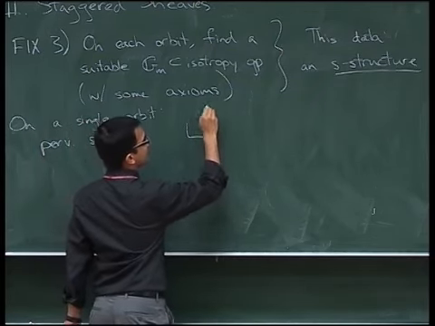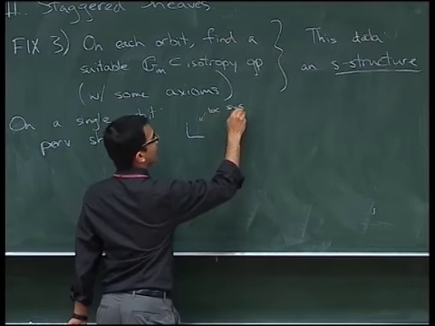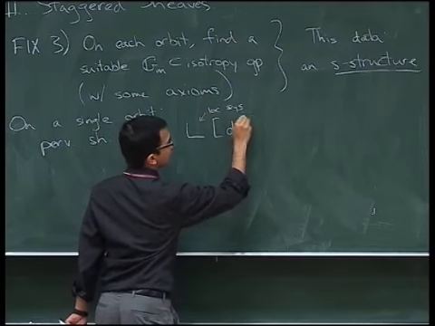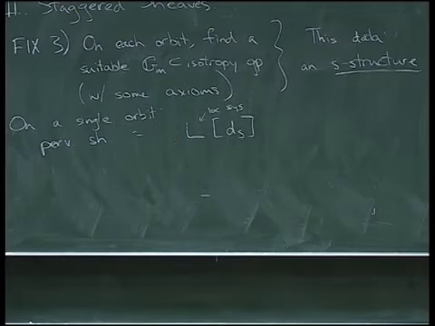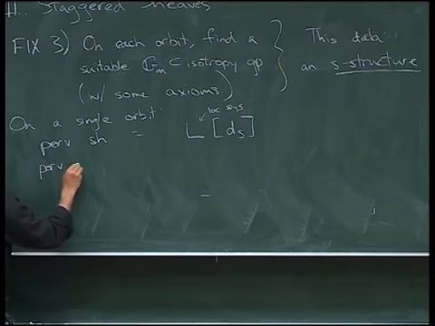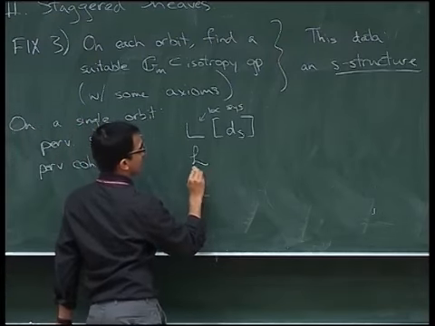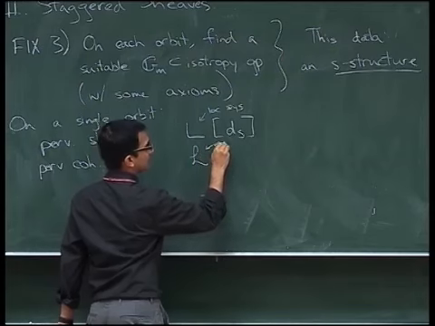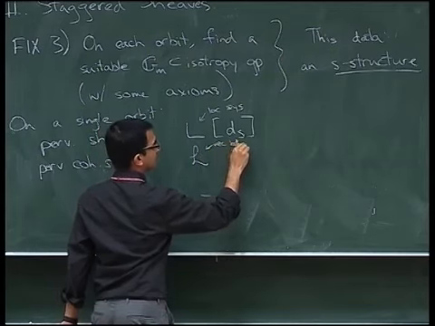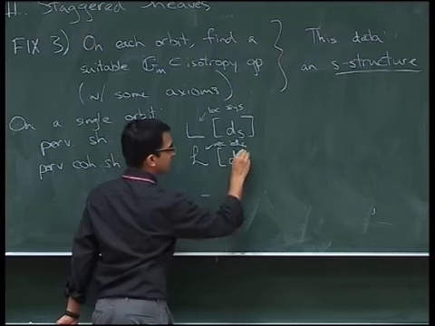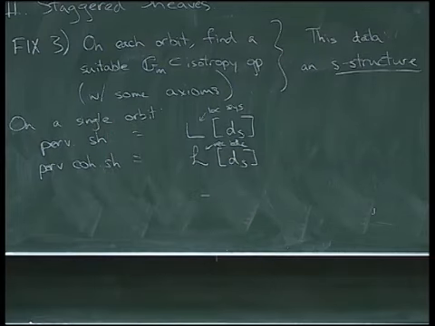So there's some local system, and there's a shift which depends on the stratum, so I call it D sub S, and that's it. A perverse coherent sheaf is exactly the same kind of thing. It's now a vector bundle, and it also has some shift that depends on the stratum.